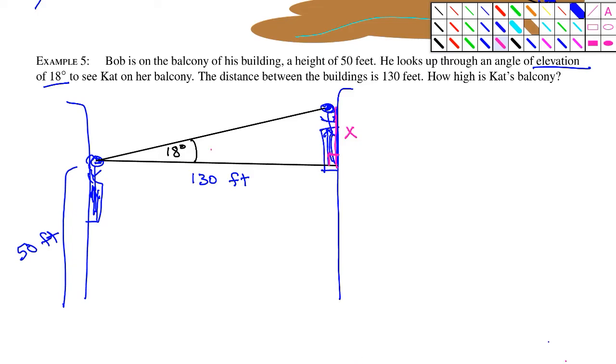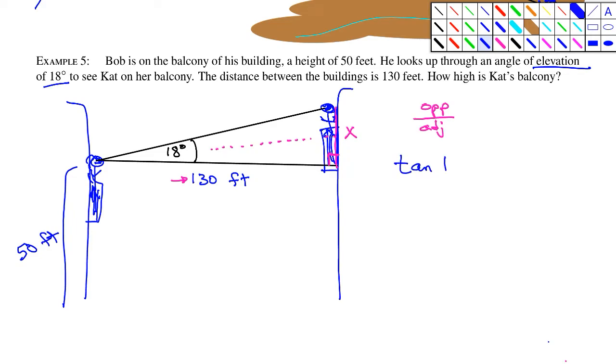So according to the triangle, we have 18 degrees. What is the relationship from 18 degrees to the side we've labeled as x? That is the opposite. And what is the relationship between the 18 degrees and the 130 feet? That is adjacent. Which trigonometric function is suggested by using opposite over adjacent? That is the tangent function.